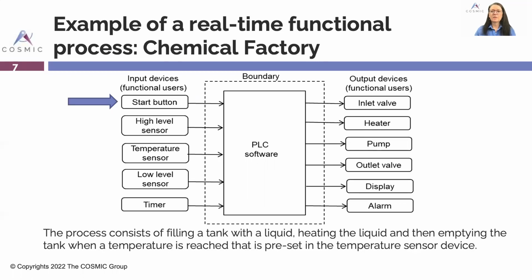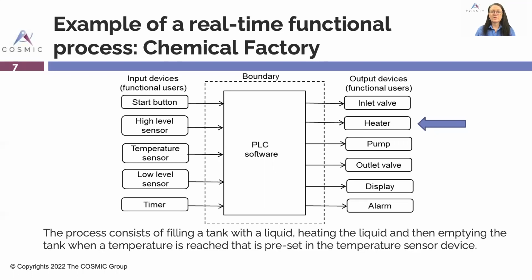Now, the software issues a command to open the inlet valve of the tank, and the tank fills with liquid under gravity. When the tank is full, the high level reached is detected by the high level sensor. The software receives a message from this sensor and sends a command to close the inlet valve and start the heater to heat the liquid.